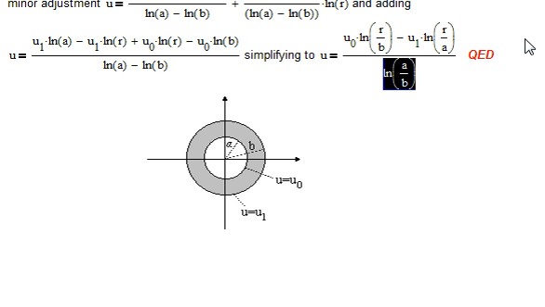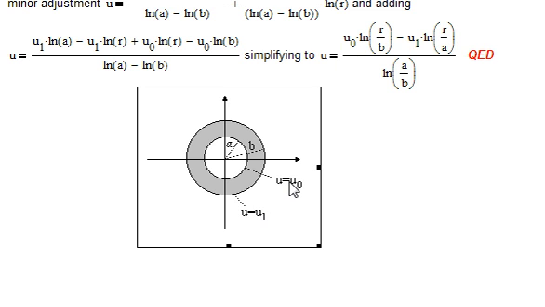So I think that was what I wanted to show, and that means if we wanted to find a temperature at some radius from the center, like maybe here, or here, or here, we just need to know what r is, and we could run r through this. It would be u0, this number, times ln of r over b, minus u1, that's this number, times ln of r over a, all divided by ln of a over b.